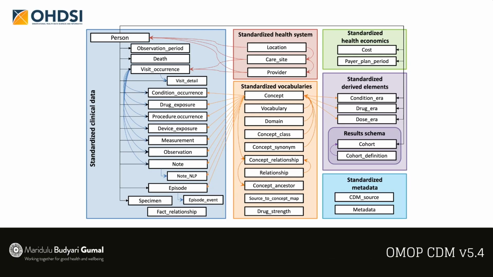One of the most widely used approaches in health research is the OMOP common data model. It gives us a consistent way to represent clinical data, and it's supported by an open science community, the Odyssey community, that builds tools and methods on top of it.